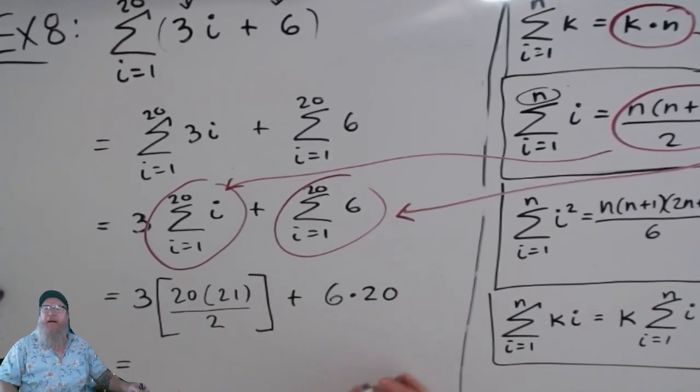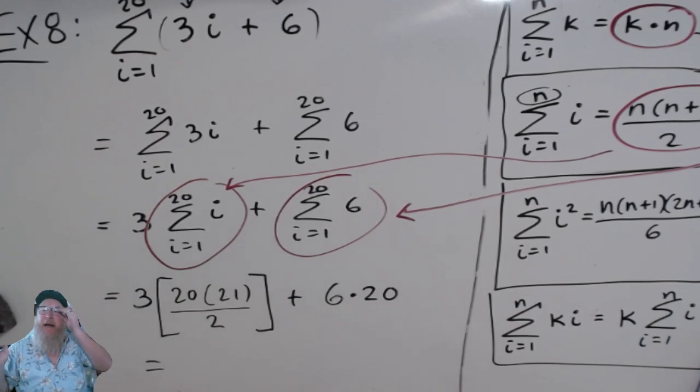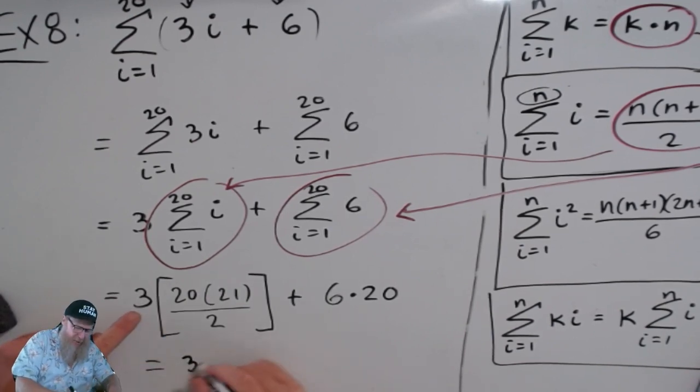All right. I like to do as much of this as I can with mental math before I bust out the calculator. You can bust out the calculator now if you want, but a lot of this you can do with mental math. So 20 divided by 2 is 10. 3 times 10 is 30. So this becomes 30 times 21.